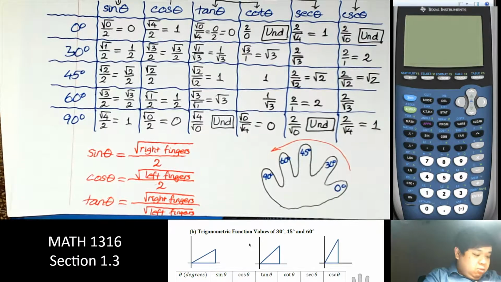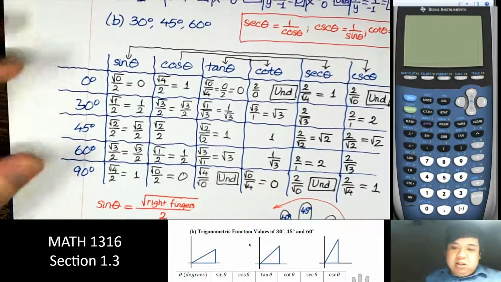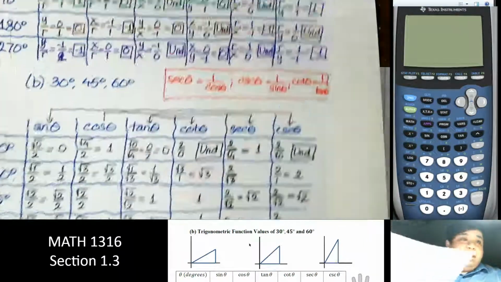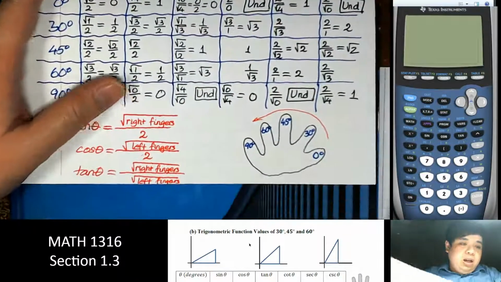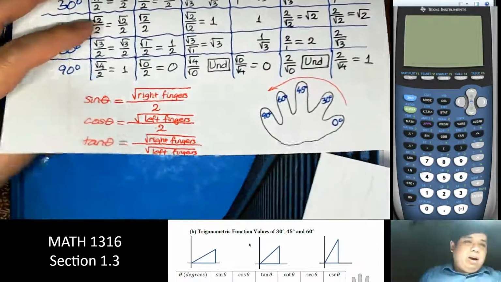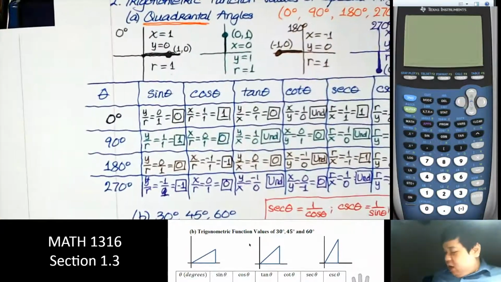Remember, the angles go counterclockwise from 0 to 90 degrees, and these special angles come from the special right triangles, section 1.2. Those are the angles. Right, so like that.